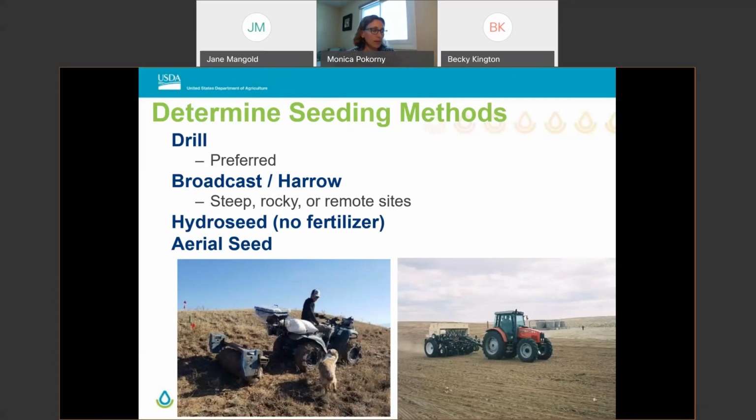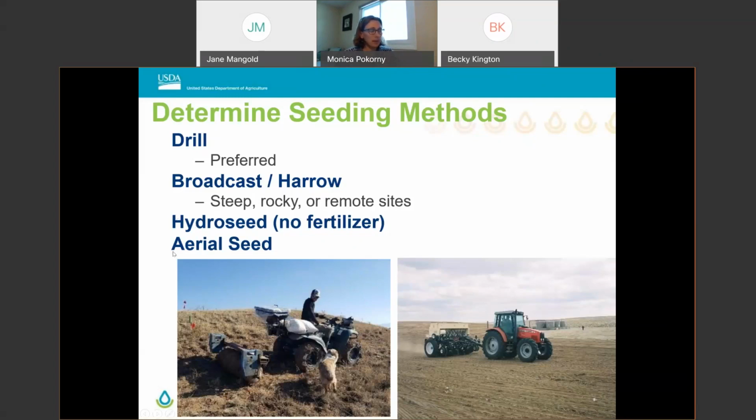Now, I realize that that's not always available for a lot of people. So a lot of people will use broadcast seeders, or you could use a broadcast seeder and then a harrow behind it. You could use a chain harrow or like a tine harrow, and that just helps you incorporate that seed into the soil a little bit more.